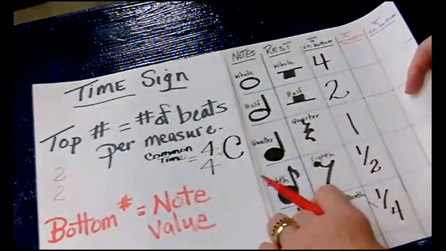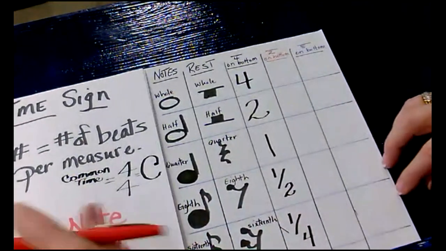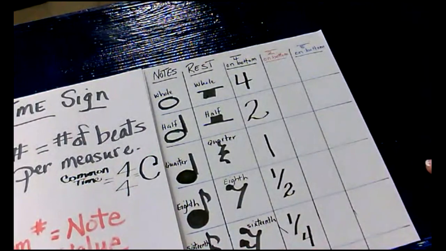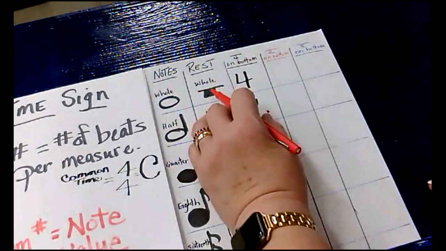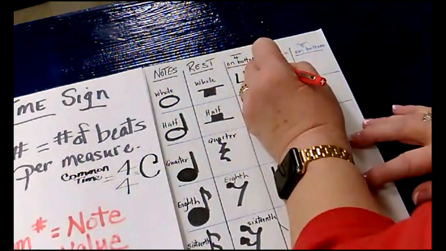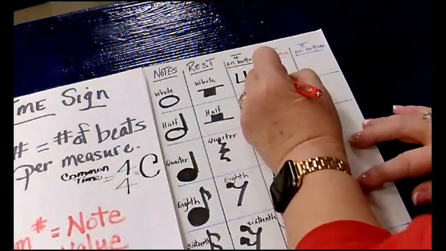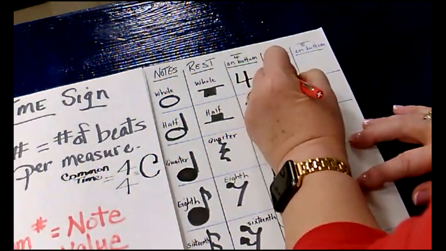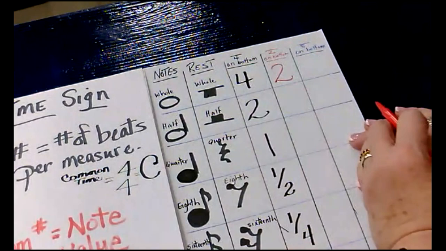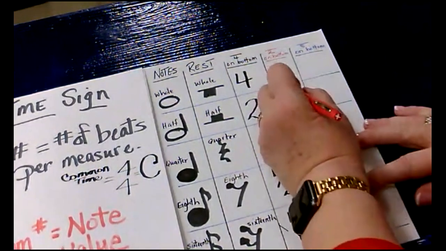So what's going to happen with our note values? We're going to cut them in half. So now our whole note and whole rest are only going to be worth 2 because that's half of 4, correct? All right, what's half of 2? 1.